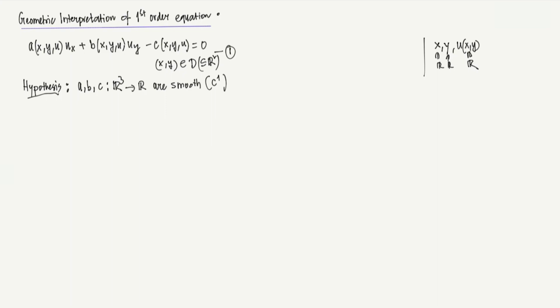We are trying to find a solution. And what is the meaning of a solution? If you look at the equation, A times some quantity, plus B times some quantity, minus C equals 0. So forget about this ux, uy quantity.